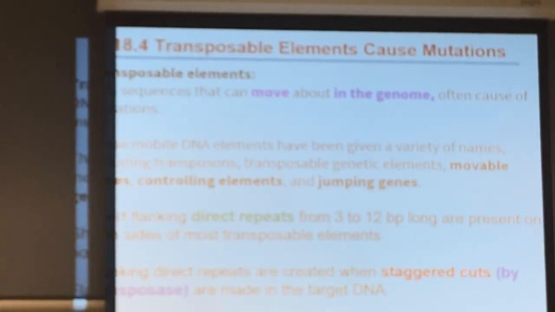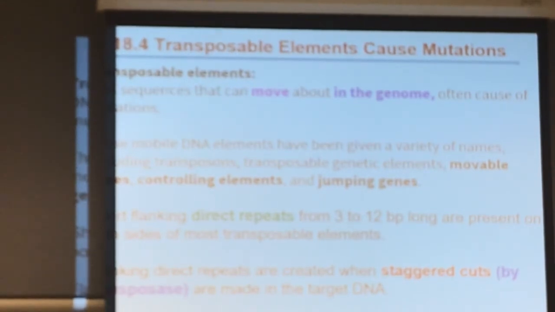This is also an example to show how jumping genes, referred to as transposable elements, can cause mutations. So DNA sequences that can move about in the genome often cause mutations, and these transposable elements are called movable genes. Controlling genes are also called jumping genes.